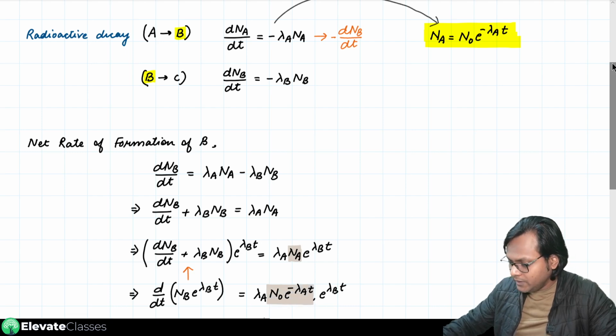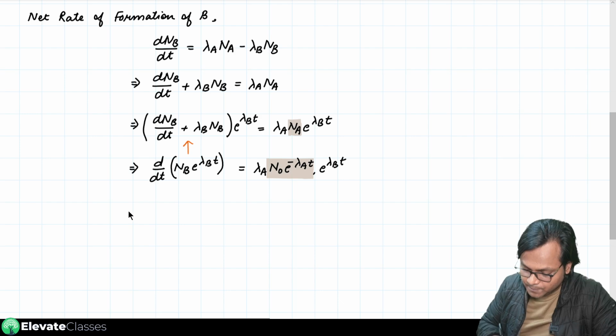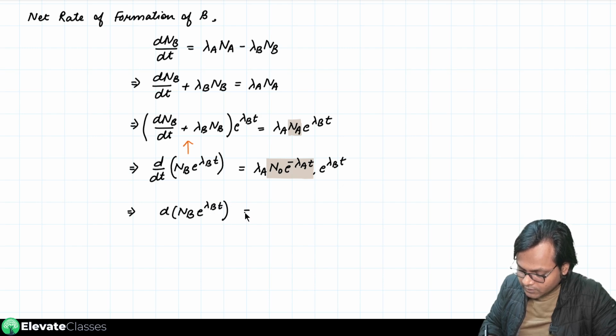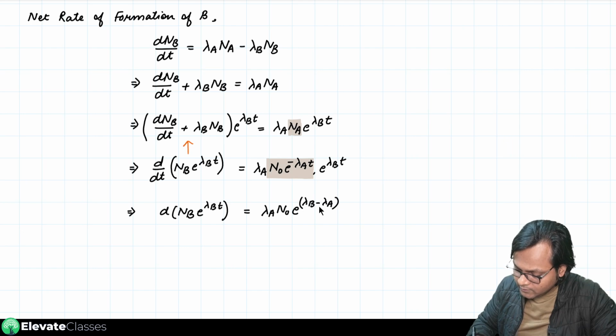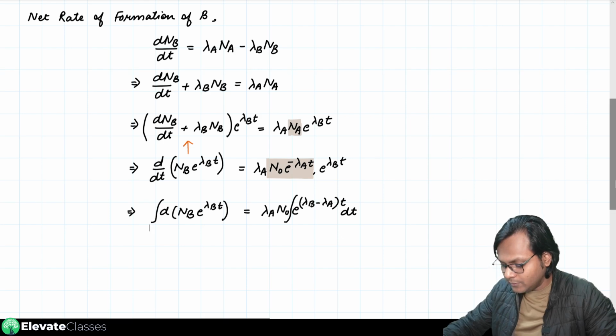Now it will become much easier to actually solve this expression. Here I can simply take d of NB e to the power lambda B t is equal to lambda A N naught e to the power (lambda B minus lambda A) t, and I integrate with respect to t on the right hand side, and integrate here with respect to d of NB e to the power lambda B t.